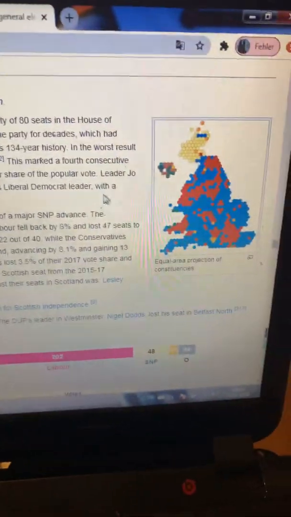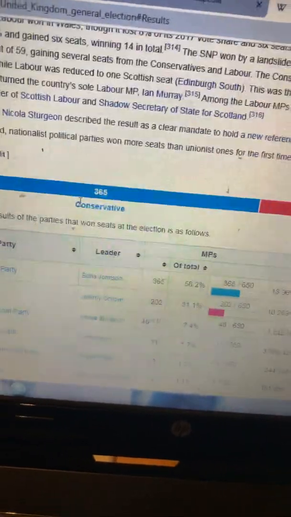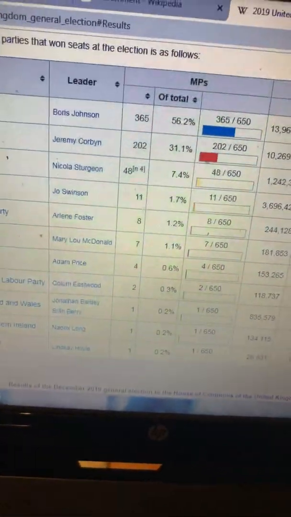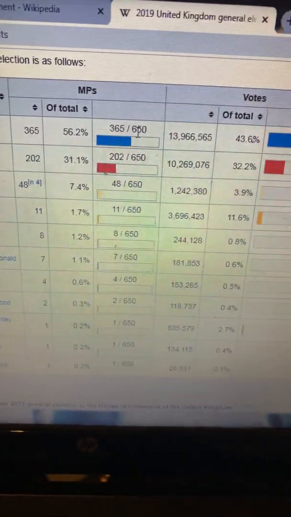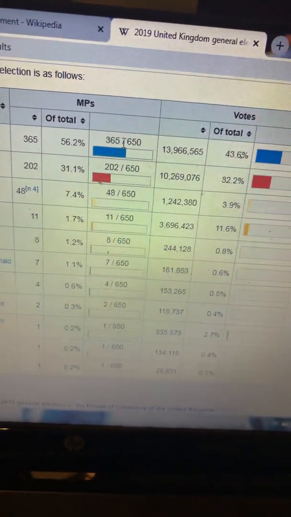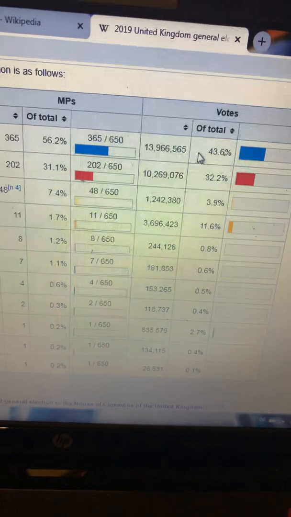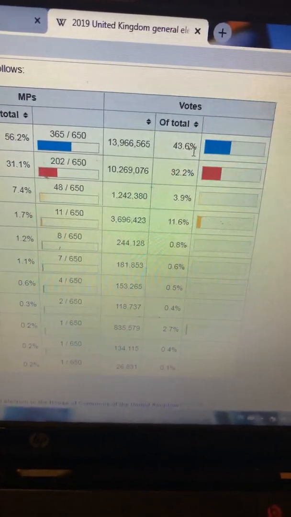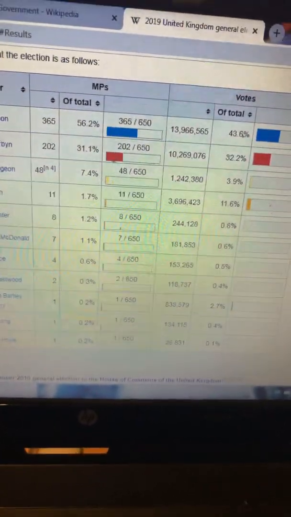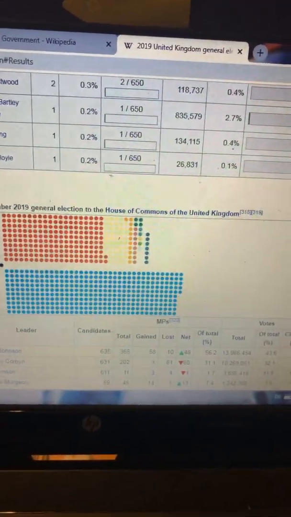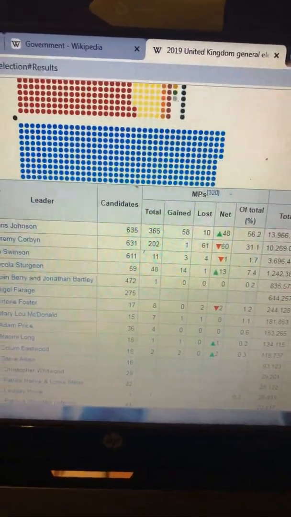The results summary. It is the Conservative Party. They got 365 members, but only had 43.6% of the total vote. Full results.